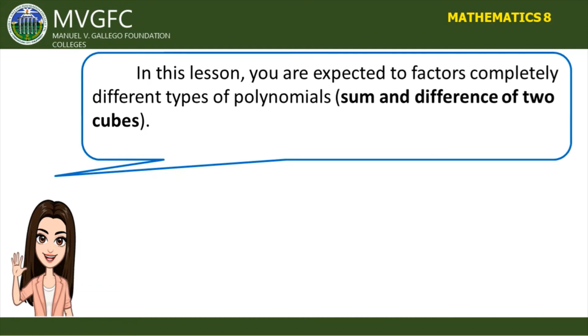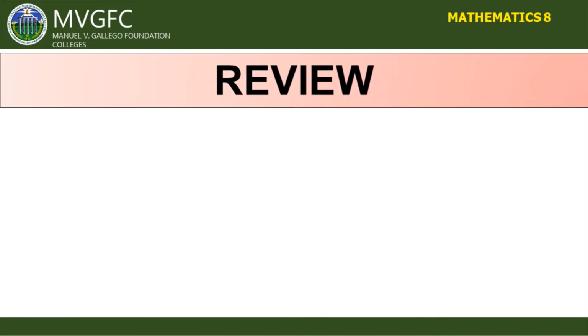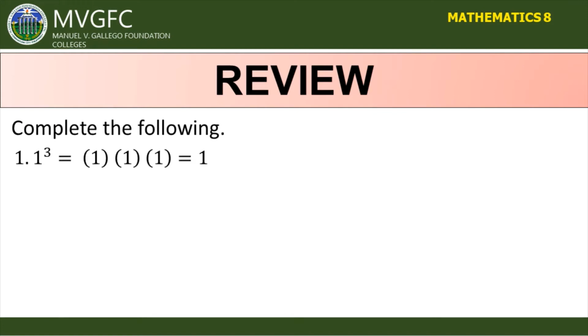Actually, the rule or the answer is merely in the title itself, the sum and difference of two cubes. So let us first have a short review about the cubes. Complete the following. Number 1 to number 3 is provided for you.